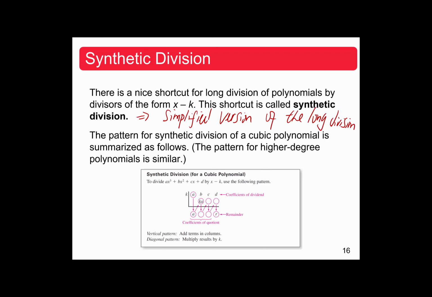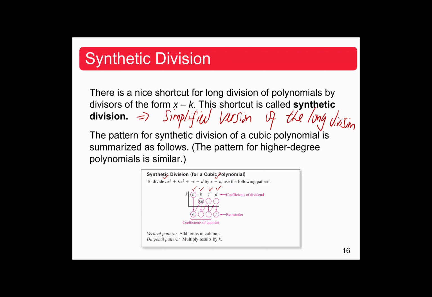That being said, if you are dividing a polynomial function by another polynomial function, basically just put a k in front of the coefficients right here. Copy all the coefficients, including the signs, and put a k in front.